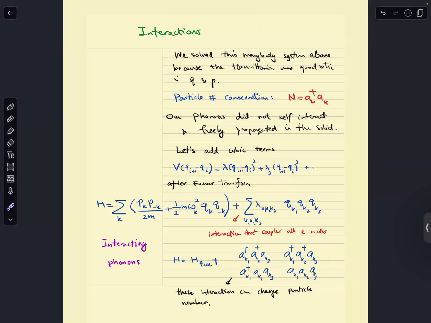They don't interact with each other. Each of them propagates with a different frequency, but they just propagate freely. So the phonons do not scatter. If you send a phonon of a particular energy moving in this direction, and a phonon of another energy moving in this direction, they'll just go through each other.